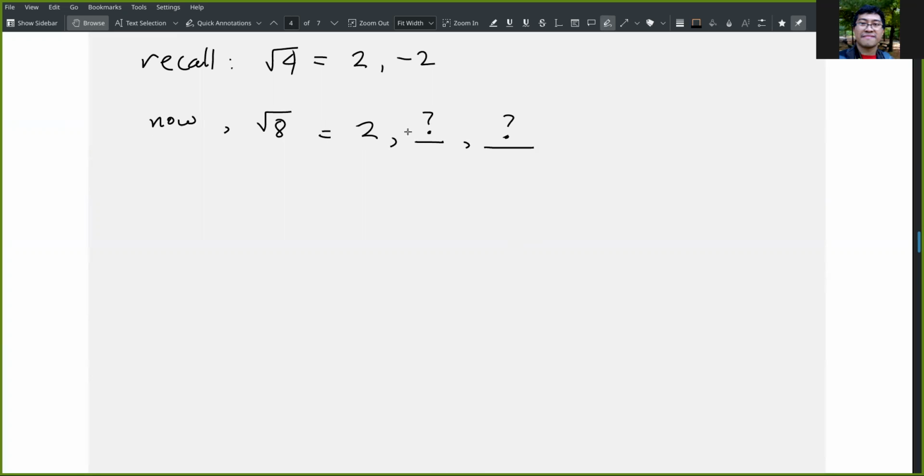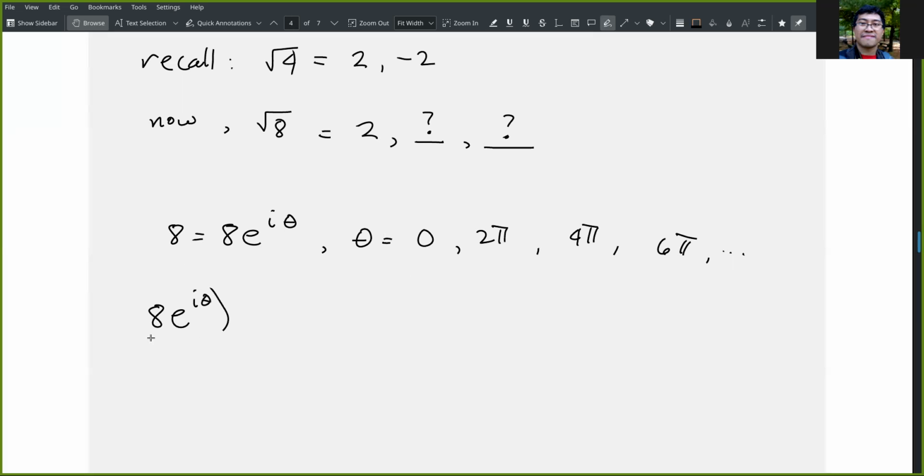To get this, it may not be too obvious, but we can write 8 in the general complex form, 8 e^(i theta), where theta could be 0, 2 pi, 4 pi, 6 pi, and so on. If we take the cube root of 8, you have (8 e^(i theta)) to the power of 1 over 3.